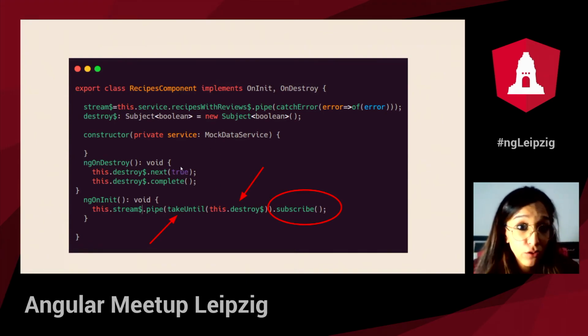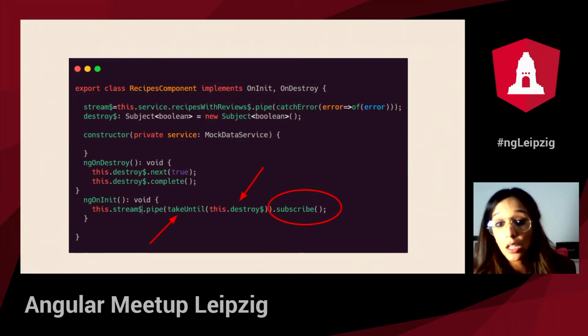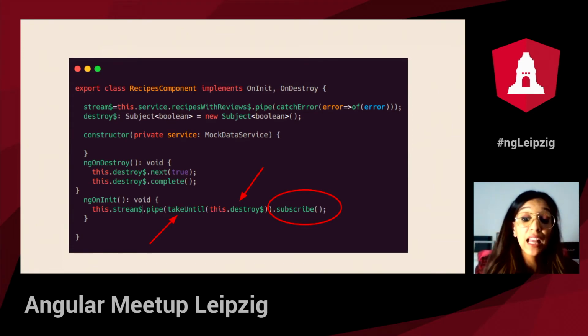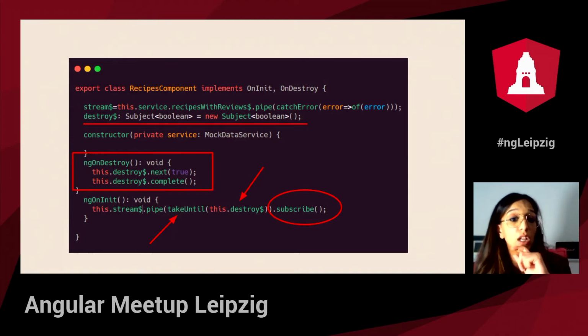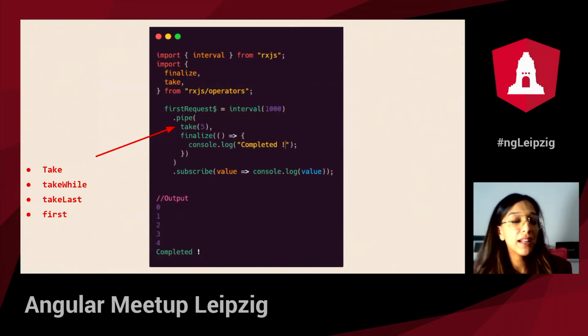I like this pattern when it's okay with completing the stream in the destroy of components, but you can associate this to any other observable in your logic. So we said async pipe, you can do this, and RxJS can also manage the unsubscription for you through many operators like takeWhile, takeLast, first. Consider them if they fit your needs.